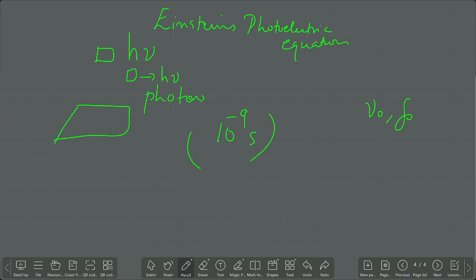The same V0 for all intensities in that graph. Same V0 for I1, I2 and I3. What does it mean? Kinetic energy is independent of intensity of radiation according to experimental observation of the photoelectric effect. But according to wave theory, it is dependent.